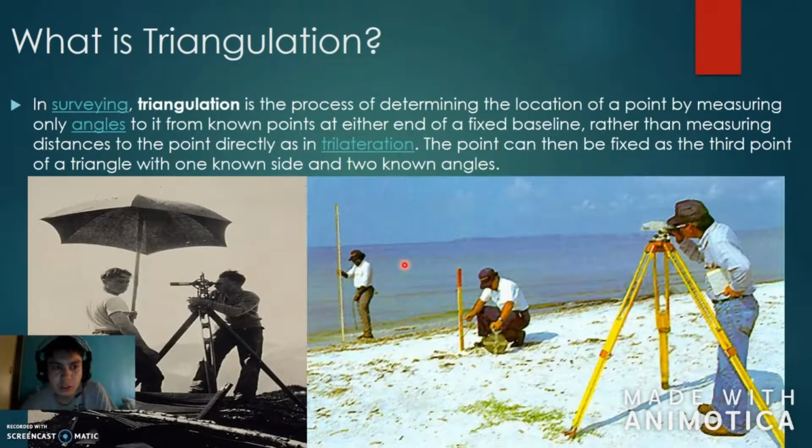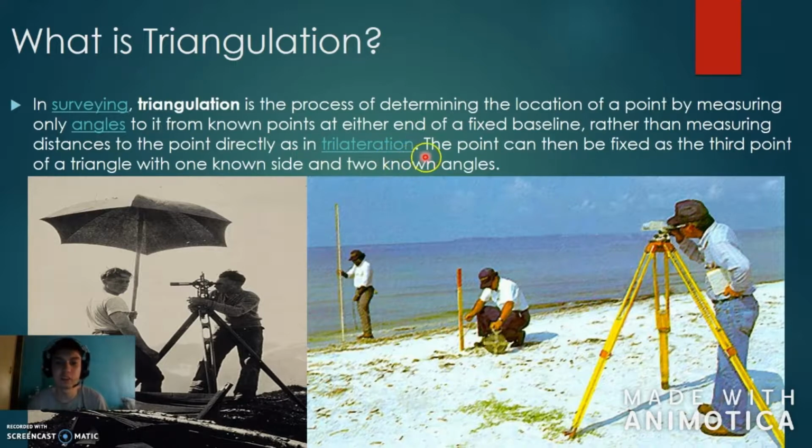What is triangulation? Triangulation in surveying is the process of determining the location of a point by measuring only angles to it from known points at either end of a fixed baseline, rather than measuring the distance to the point directly.